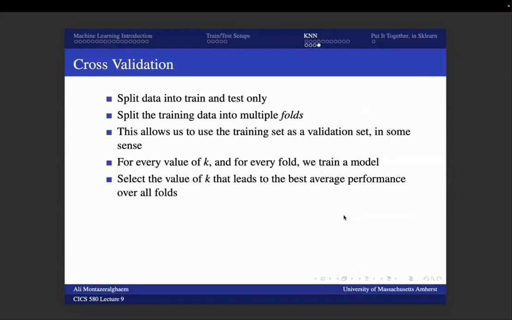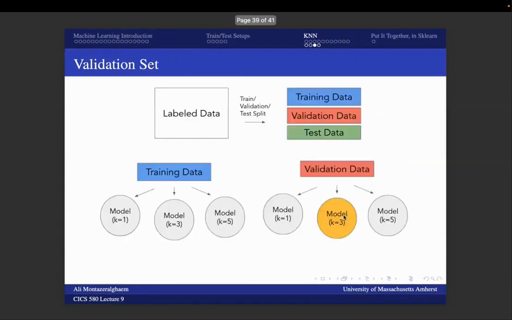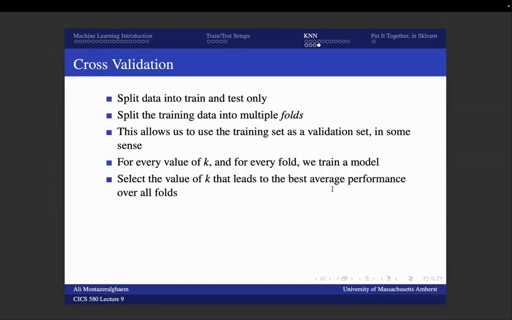In the next step, we swap fold 1 and fold 2, and now we consider fold 1 as validation and fold 2 as training, and here we find that, for example, the k should be equal to 5. Then we get the average, which is 3 plus 5 divided by 2, and we can decide that k should be equal to 4. This is a simple example of cross validation.